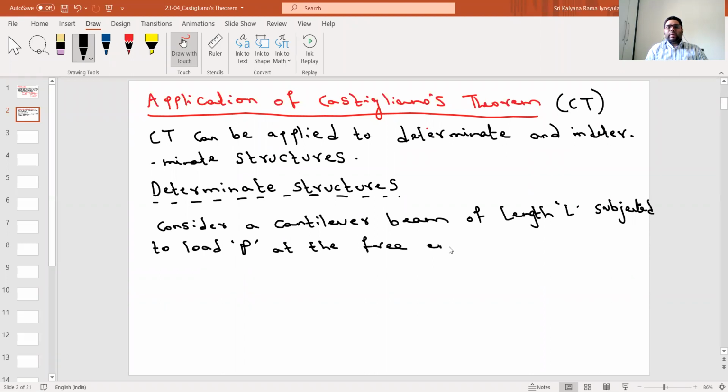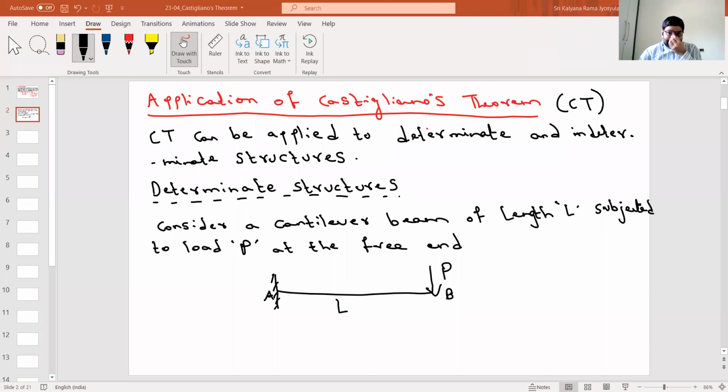A cantilever beam means one end is fixed and one end is free, and at the free end we have load P. This distance is L. This is A, this is B.